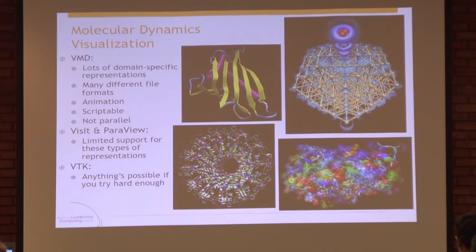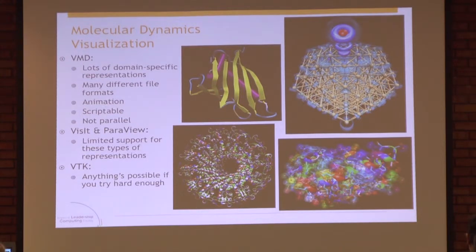So molecular dynamics viz. As I mentioned earlier, there's a lot of domain-specific tools that you could look at for doing particular types of visualization. VMD is really good at this, it's a molecular dynamics visualization tool. And so there's a lot of domain-specific representations. So for instance, you can find the backbone of a molecule.